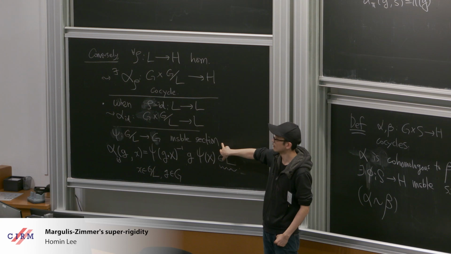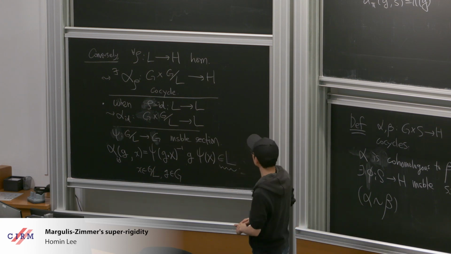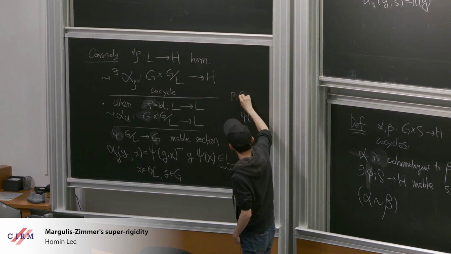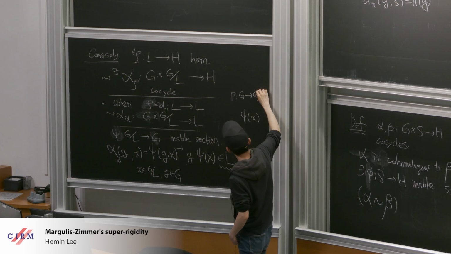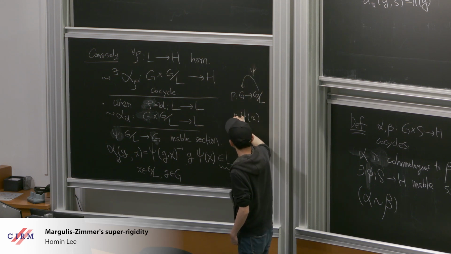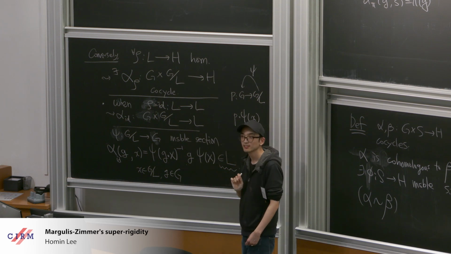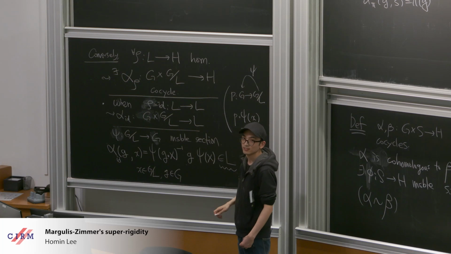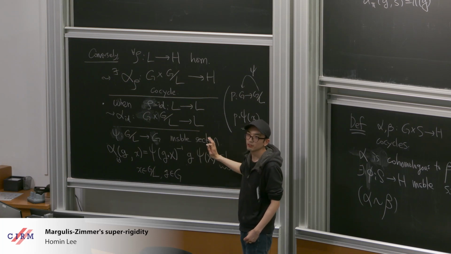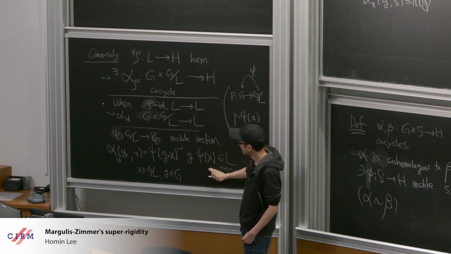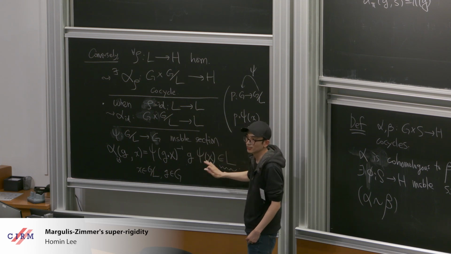Using the fact that this is a measurable section, that means if you take psi of X, and let's say P is the projection, and this map is psi, then if you go through psi and the projection again, you will get the same X. This is the meaning of the section. And you can always find a measurable section of the projection.